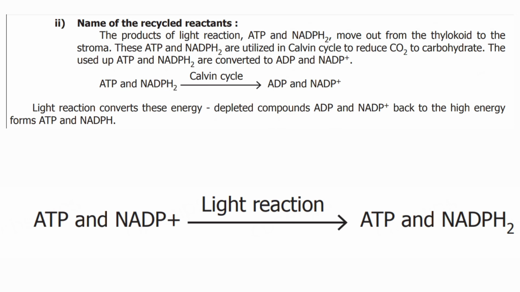The products of light reaction, ATP and NADPH2, move out from the thylakoid to the stroma. These ATP and NADPH2 are utilized in Calvin cycle to reduce carbon dioxide to carbohydrate. The used up ATP and NADPH2 are converted to ADP and NADP plus.